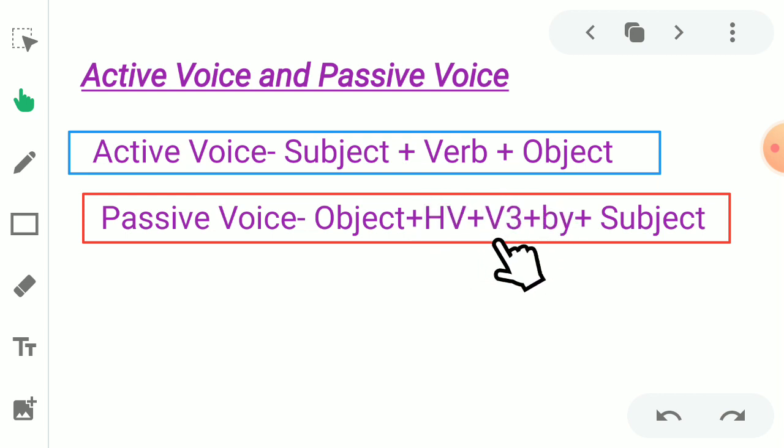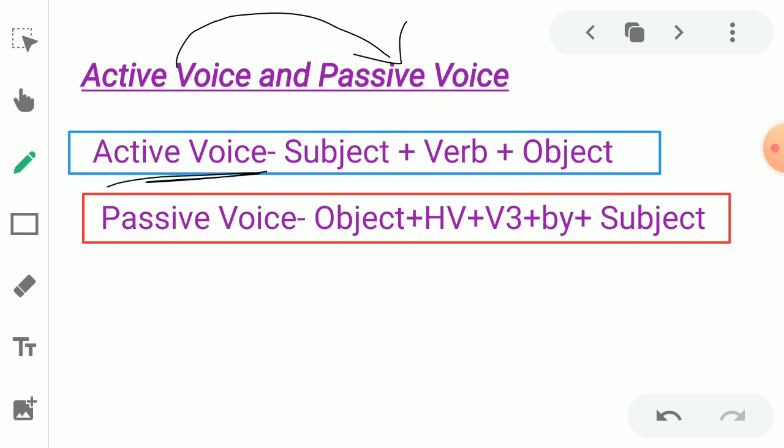Along with that, V3 form of main verb. Then by plus subject of active voice. So this is the way we have to change active voice into passive.